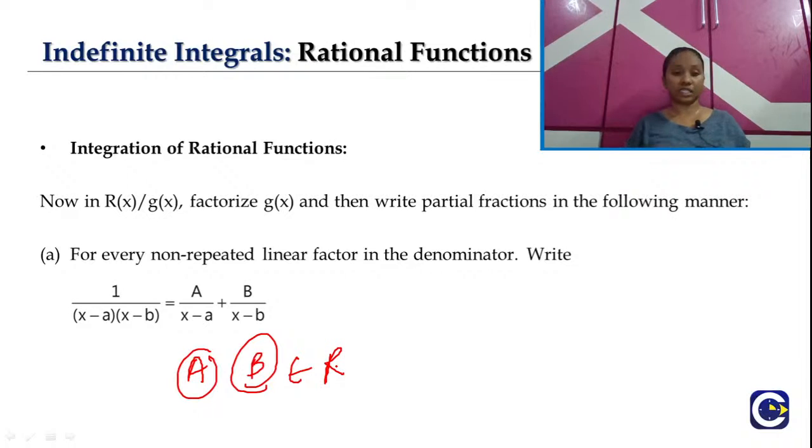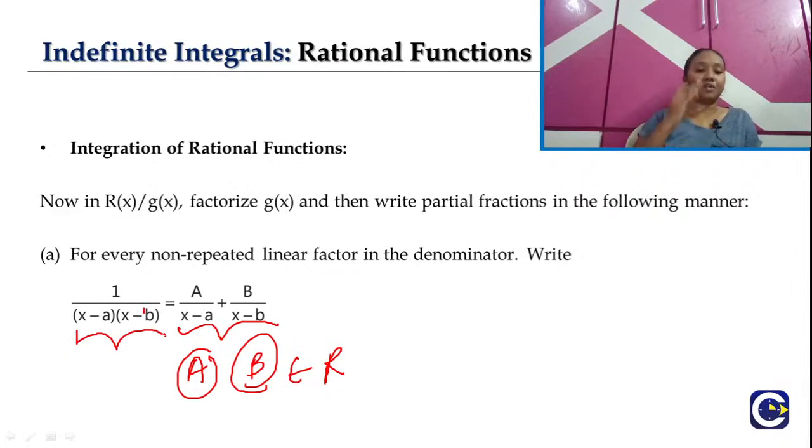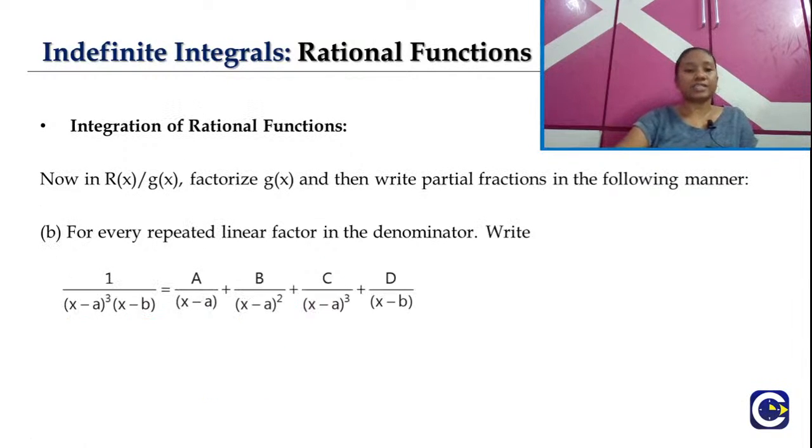Once we get our A and B values, we can substitute them here and convert this typical integral form into this form, and we can easily do the integration further according to whatever methodology we want to use. So this is my first type, when the denominator of a rational function can be factorized. So let's get into the second type.